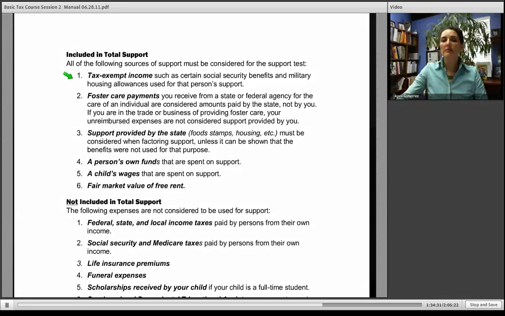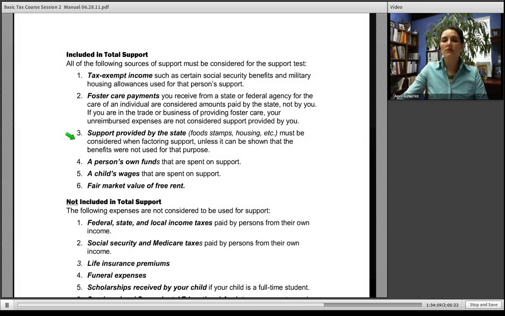Foster care payments you receive from a state or federal agency for the care of an individual are considered to be amounts provided by the state and not by you. If you are in the trade or business of providing foster care, your unreimbursed expenses are not considered to have been provided by you. Support provided by the state, food stamps, housing, etc., must be considered when factoring support, unless it can be shown that the benefits were not used for that purpose.